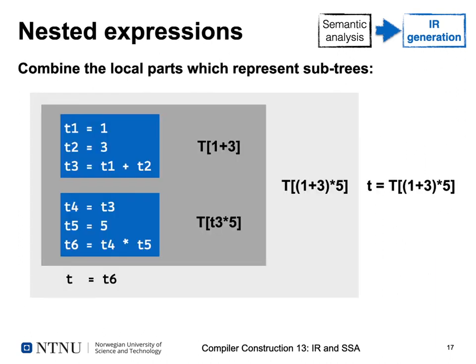So if we have nested expressions like this, we just combine the local parts in our translation process recursively that represent a subtree. So we start with our very simple operations here as a translation of 1 plus 3 and a translation of T3 times 5 here. And then we can combine this again and finally combine the total result in the assignment here to our final representation of our translation.